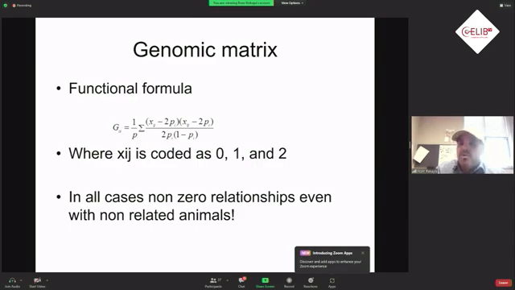Again, you could see non-zero relationship with non-blood related individuals. That's why the matrix G is very, very dense. Why do you see that? If you compute the G matrix, animals without any blood relationship will show non-zero relationship in the G matrix.